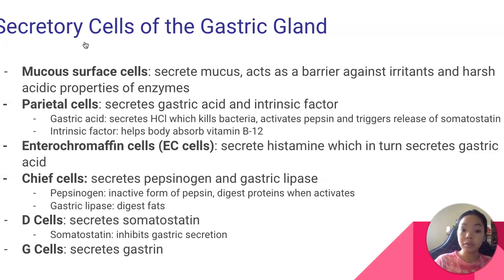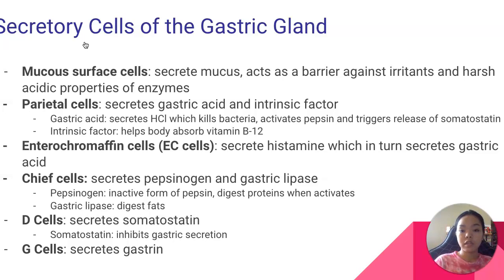Gastric acid is extremely important because it has hydrochloric acid, which kills bacteria. Hydrochloric acid is also responsible for activating pepsin, and it triggers the release of somatostatin. Parietal cells also secrete intrinsic factor. This helps the body absorb vitamin B12, which is essential for our red blood cells.